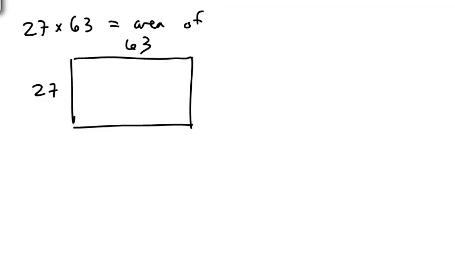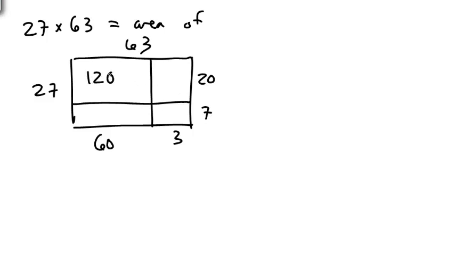But we can split it up. We can use the positional numbering system. 27 is 20 plus 7. And 63 is 60 plus 3. So 60 times 20 is, well, that's 6 tens and 2 tens. That's 12. 10 times 10, 1200.